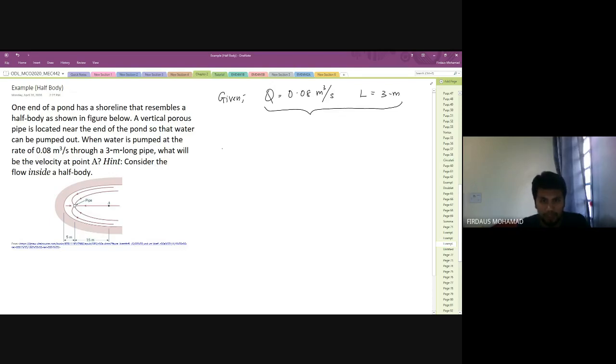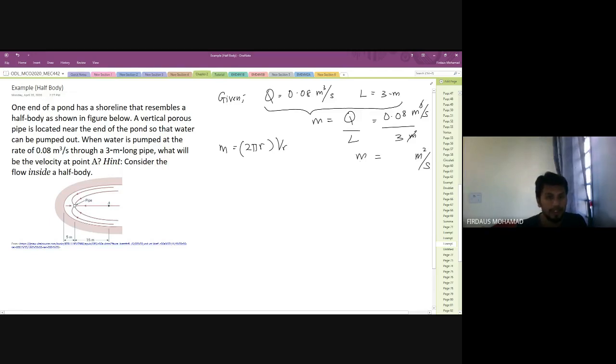Flow rate per unit length m equal to 2 pi r vr. So this m basically equal to Q over L, volume flow rate per unit length. So m equal to 0.08 meter cube over second divided by 3. So you will get it in terms of meter square per second. So this will be your m.